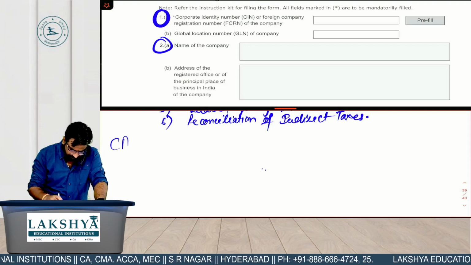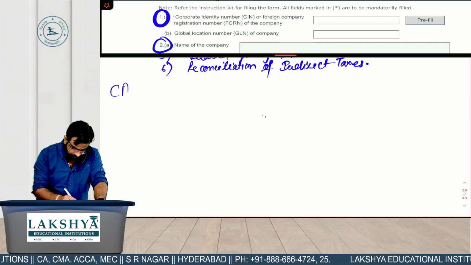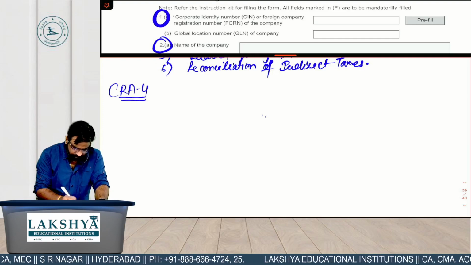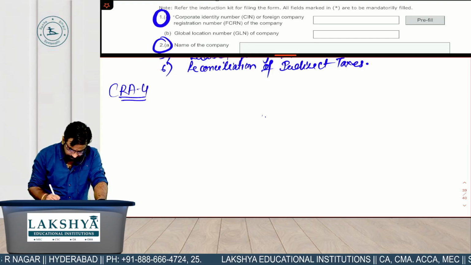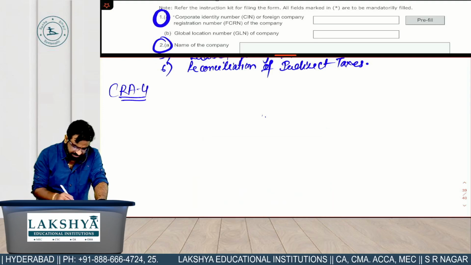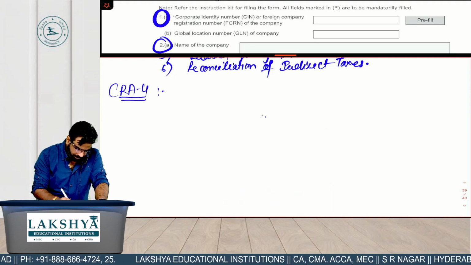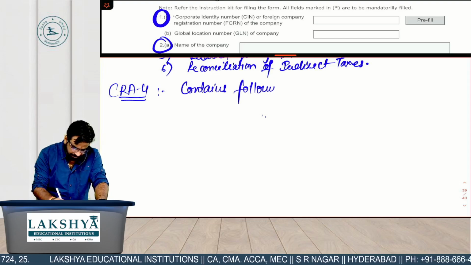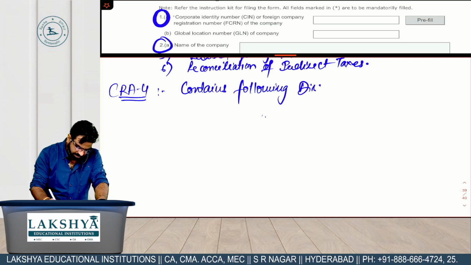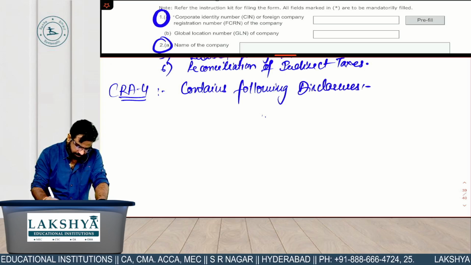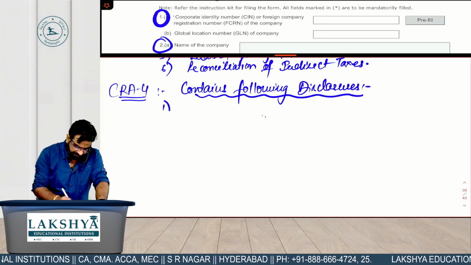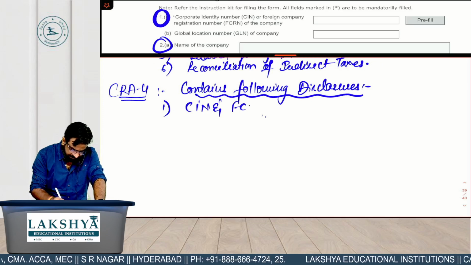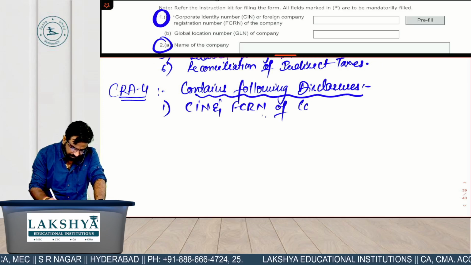CRA 4 contains following disclosures. First one, SIN and FCRN number of company.